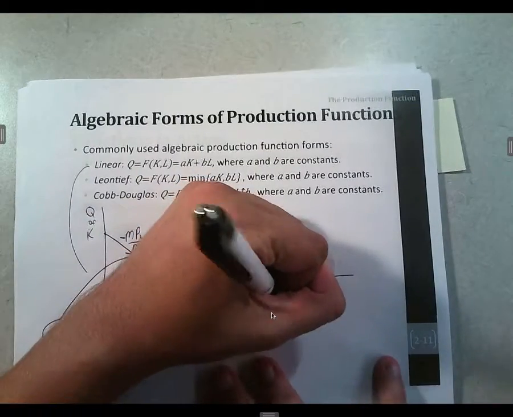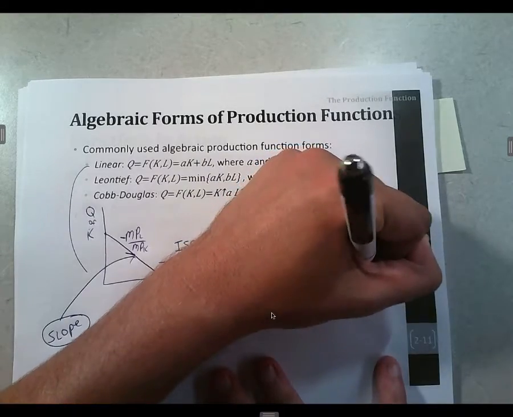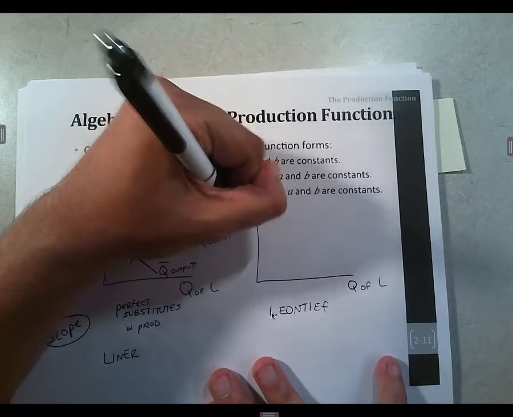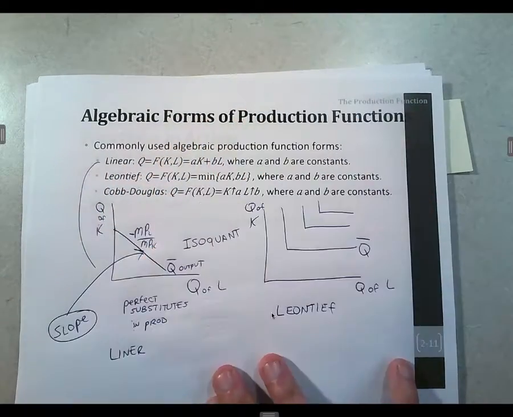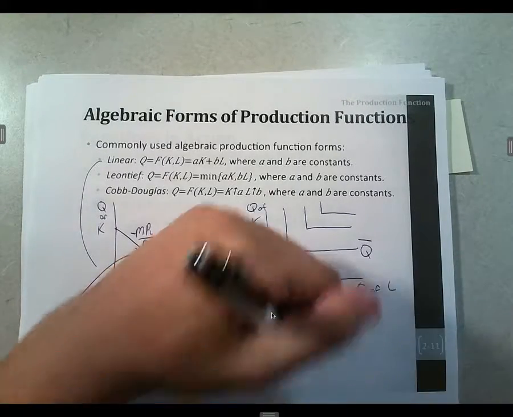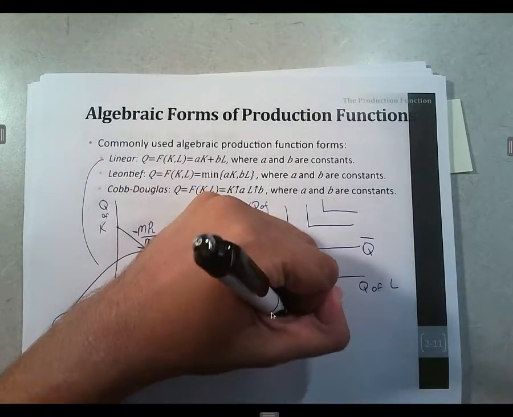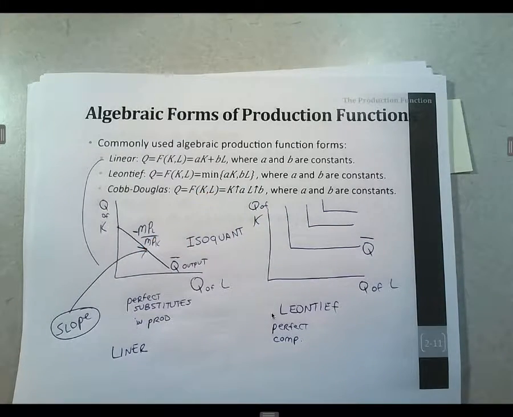In my Leontief, what I'm curiously saying here is that my isoquants are now L-shaped. This is because the inputs are perfect complements. The guy who picks up the trash in my complex, there are two employees for one garbage truck.